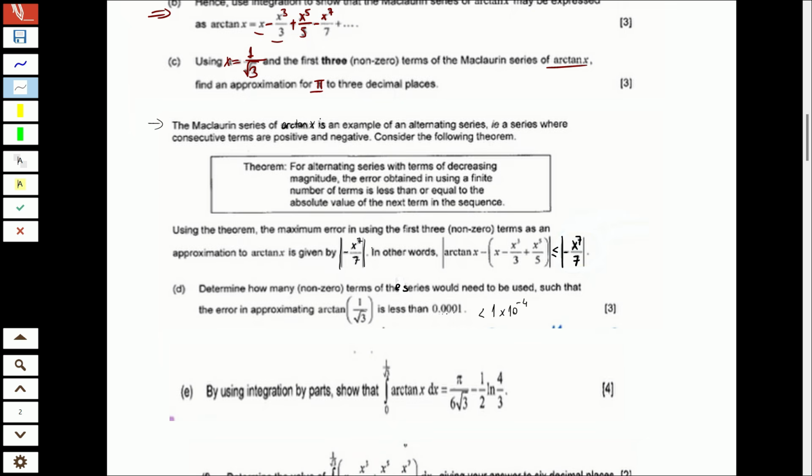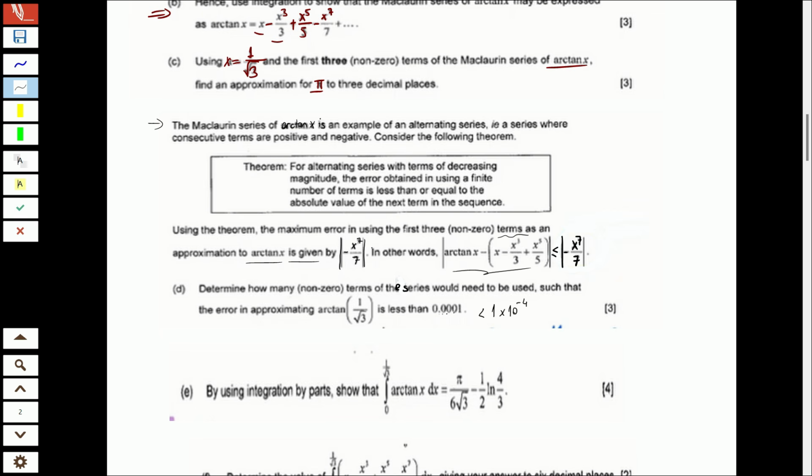Using the theorem, the maximum error in using the first three terms as an approximation to arctangent x is given by the magnitude of minus x to the power of 7 divided by 7. In other words, the absolute value of arctangent x minus the first three terms, as you see from here, is less than or equal to the fourth term.